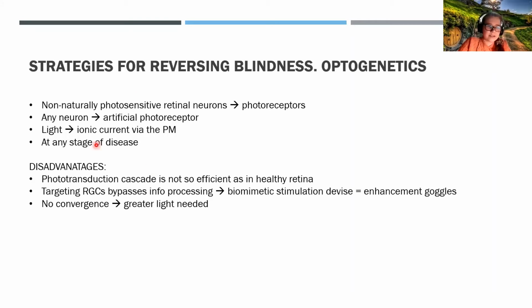Now, optogenetic treatment of eye disorders has some disadvantages. For example, the phototransduction cascade is not as efficient as in a healthy retina.